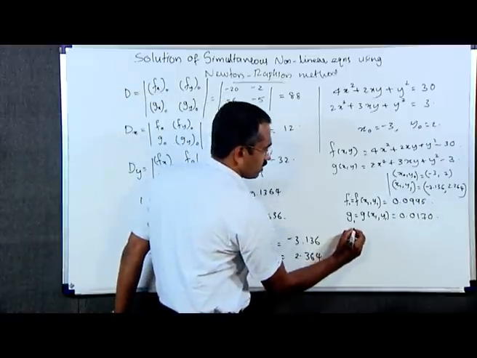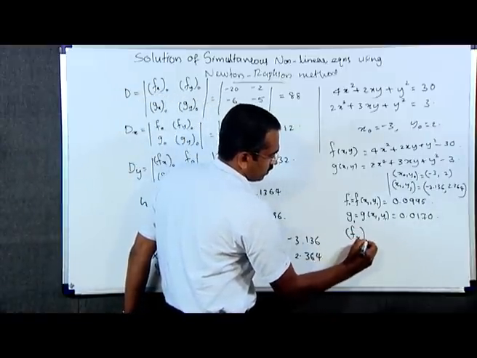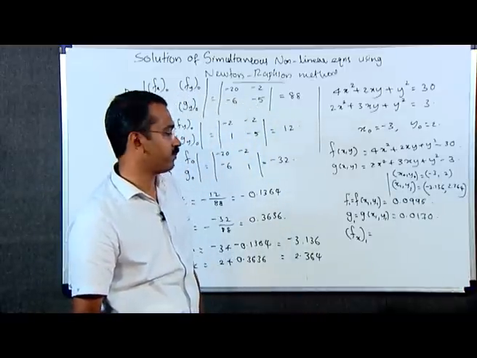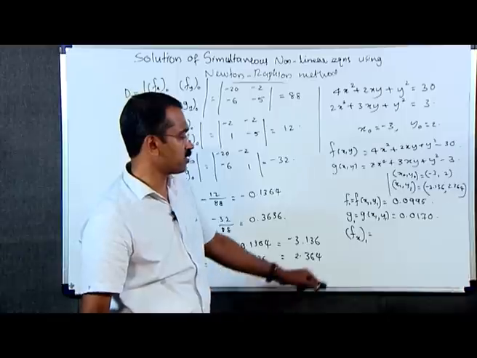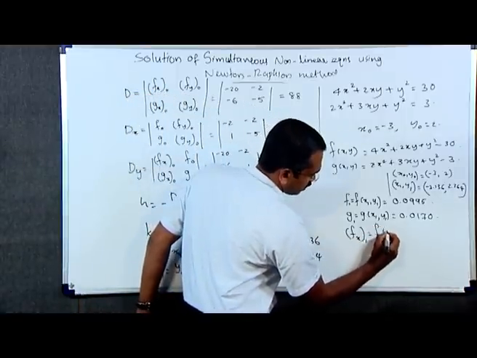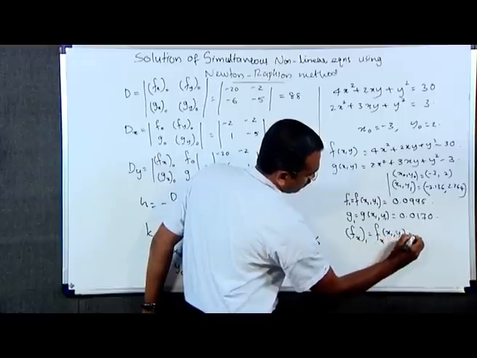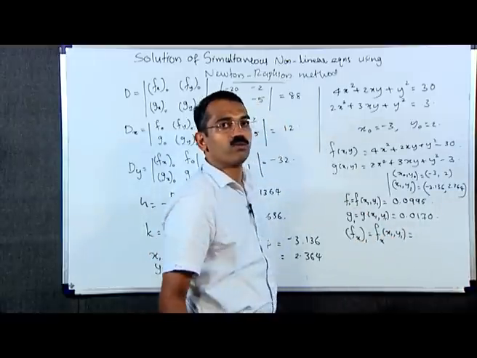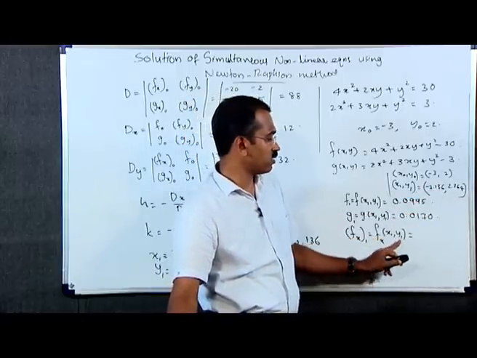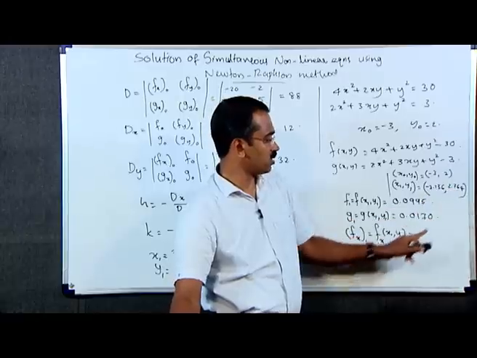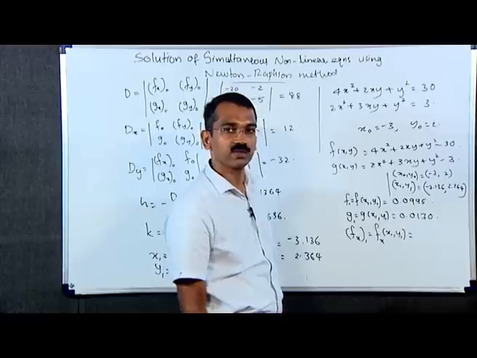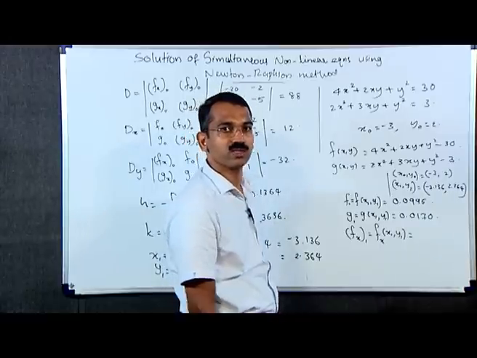Now, fx1. fx1 means the partial derivative of f with respect to x at x1, y1. On substituting x1 is equal to minus 3.136 and y1 is equal to 2.364 in the expression for fx, we will obtain fx1 as minus 20.360.